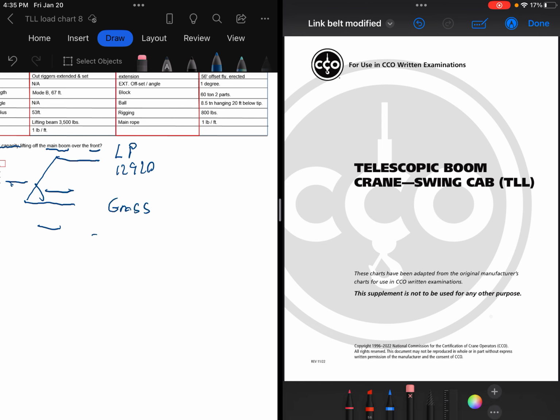Our gross capacity equation. Now here, put our deductions, just like we've been doing on the previous charts. Our total.